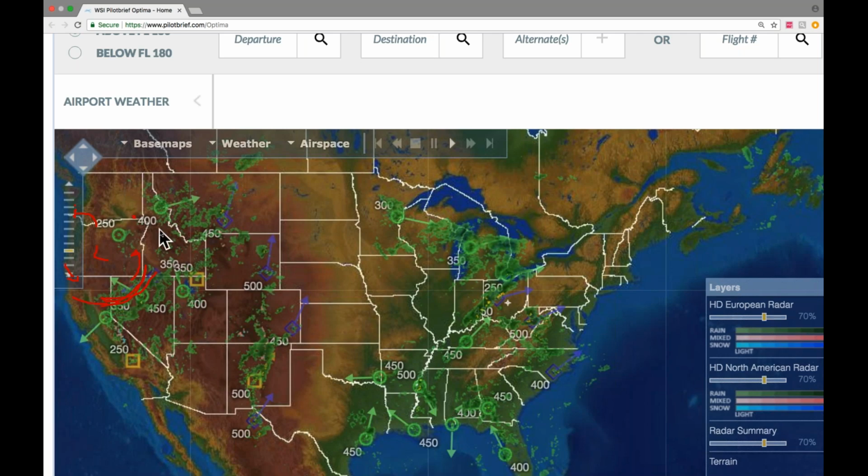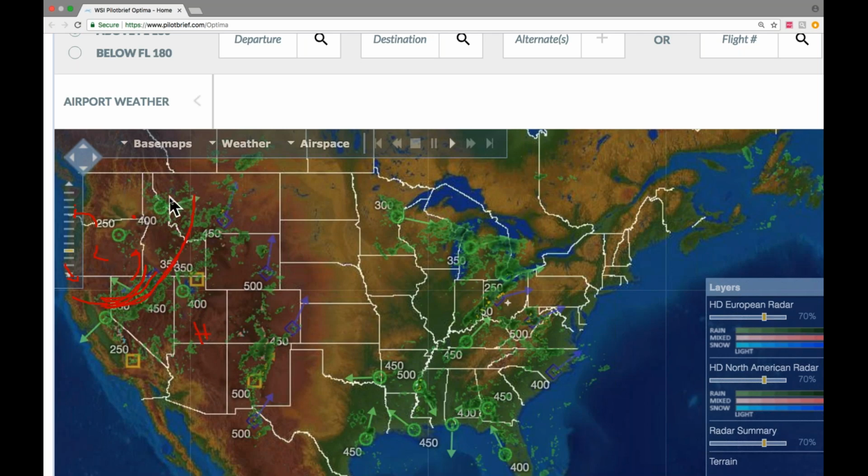So as it's picking up this air from the ocean and meeting probably a high pressure system somewhere in here, it's developing this band of storms, right?